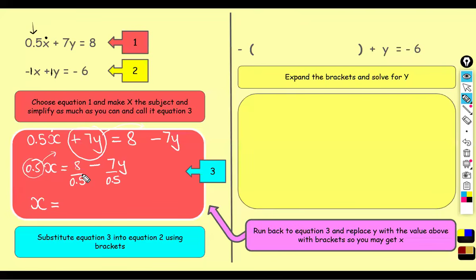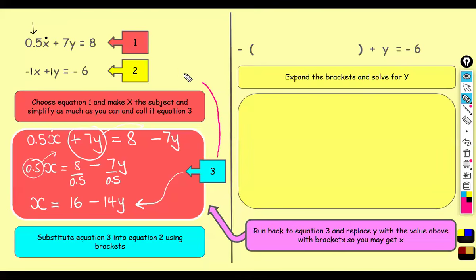You're not accustomed to dividing by a decimal, but your calculator can handle it easily. Type this in, press the 8 first, and then divide it by 0.5. You'll get 16. 7 divided by 0.5 is 14, and don't forget the y. This here is equation 3.